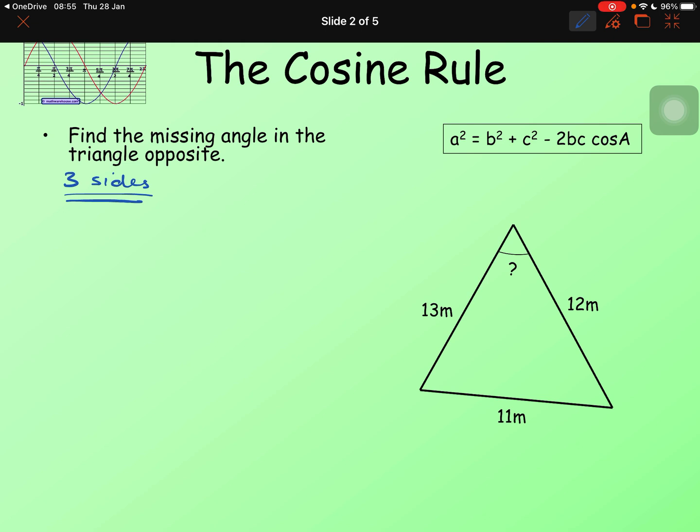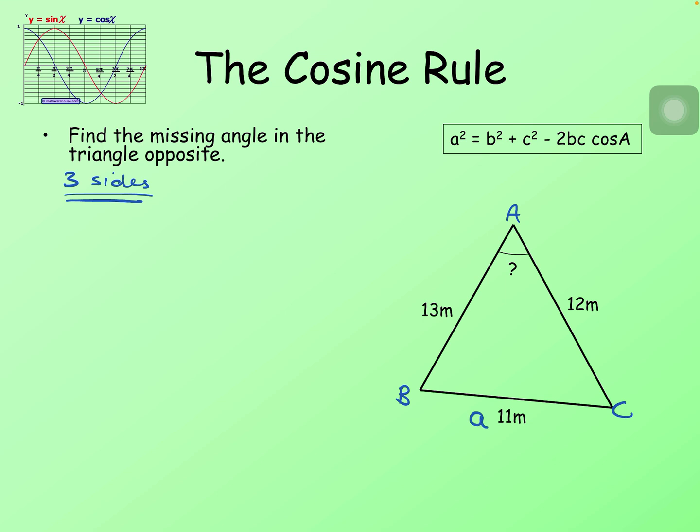Okay, we're going to do the same thing. We're going to call the angle that we are trying to find A again, just to make it easy because it means we can use that formula straight away. Label up the other ones as you want to, and make sure you label the corresponding sides accurately. And again, all I'm going to do is substitute into my formula.